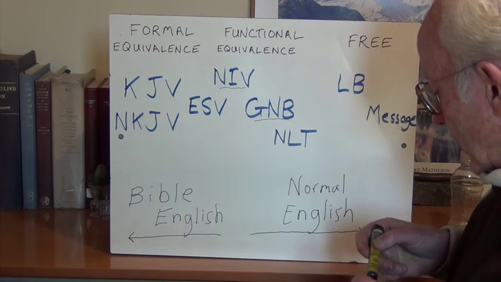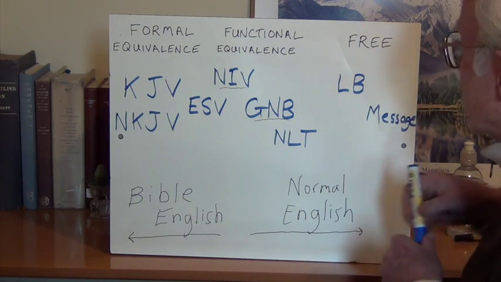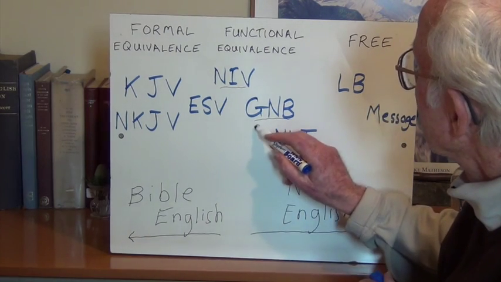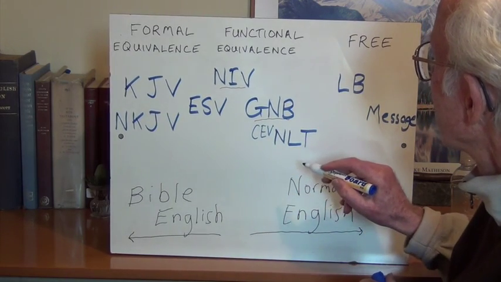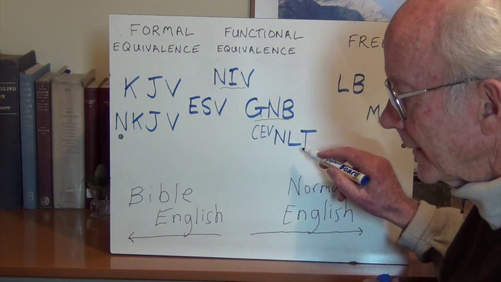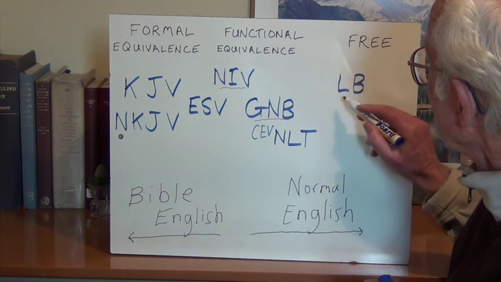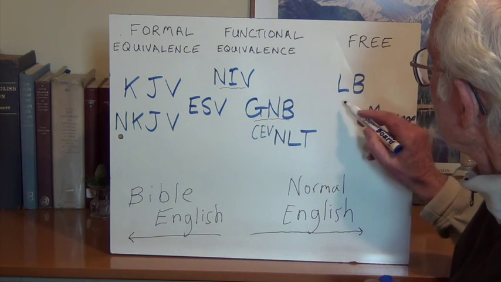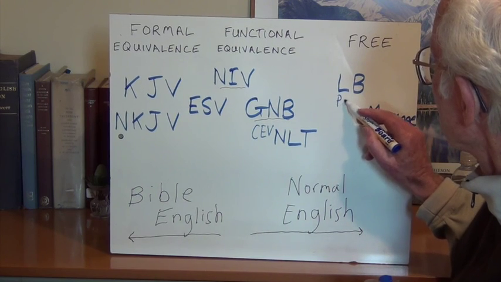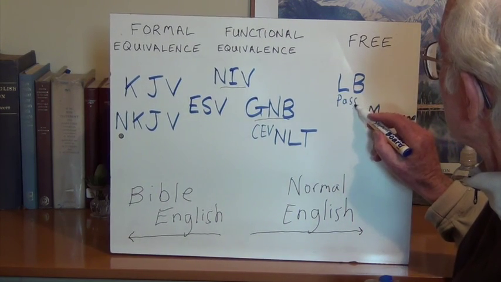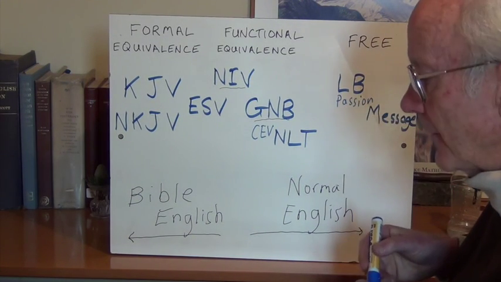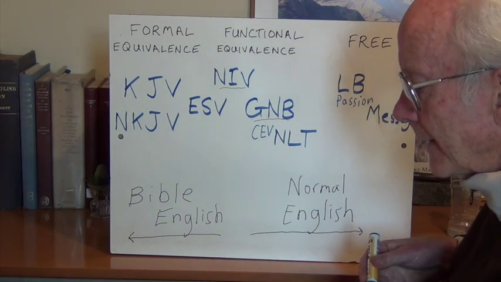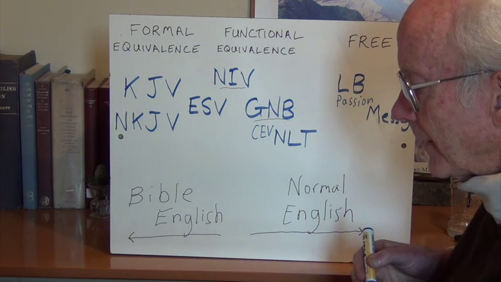But with the Good News Bible here, I'd like to add the CEV, the Contemporary English Version, as well as the NLT. And the Old Living Bible, which came out in the 60s, is very popular, and it's actually quite similar to the Passion Translation, which has just come out recently and proven quite popular. Very similar kind of style.